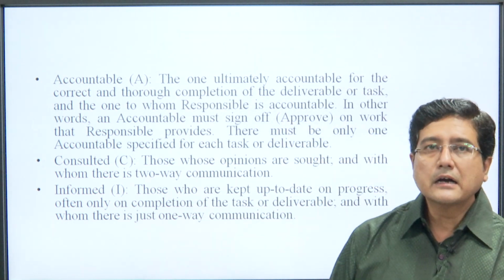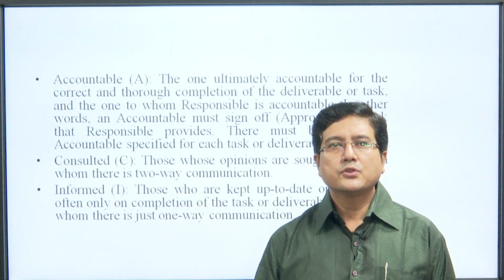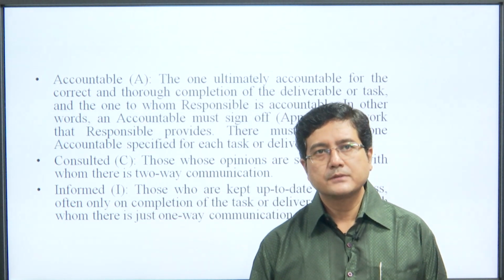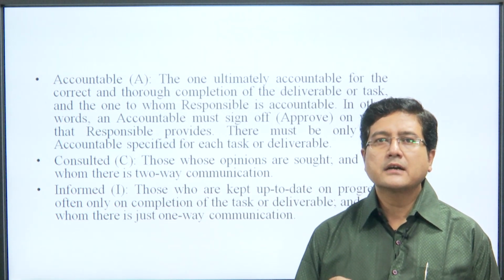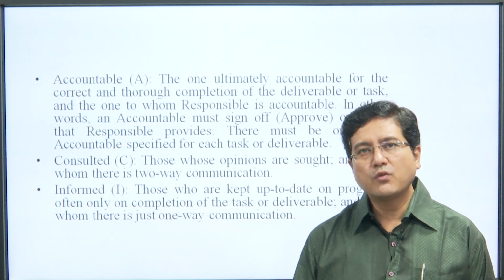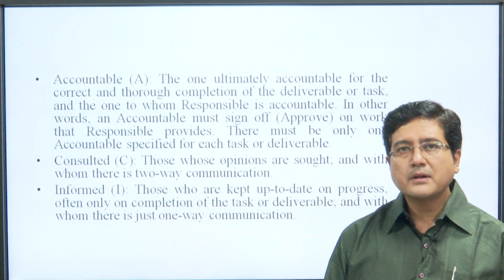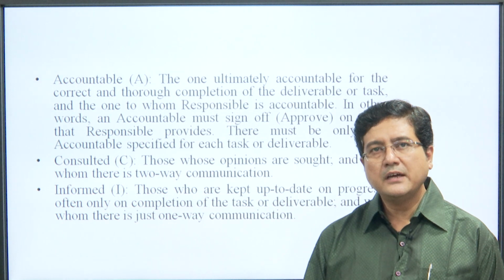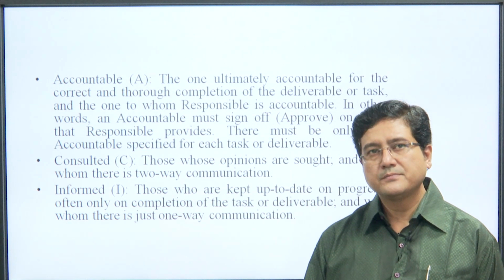Accountable. One ultimately accountable for the correctness and completion of the deliverable or task, and the one to whom the responsible is accountable. In other words, the accountable must sign off or approve the work the responsible provides. There must be only one accountable specified for each task.